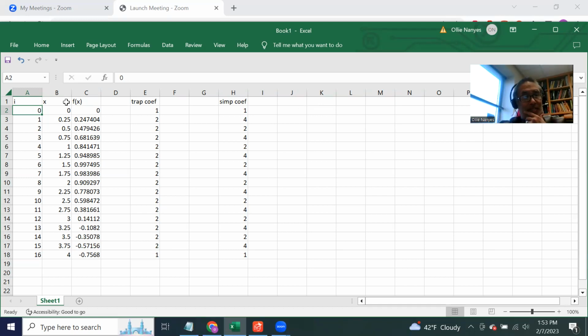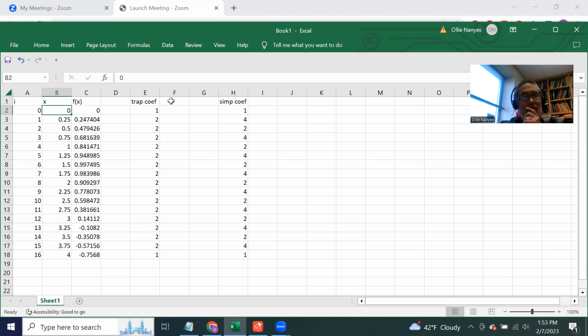Now let's look at the trapezoid approximation. Remember, when you put this into the trapezoidal sum, you're going to be taking these f's, which are f evaluated at your various points. This will be your x values or input values, and these will be your function values at the various endpoints.